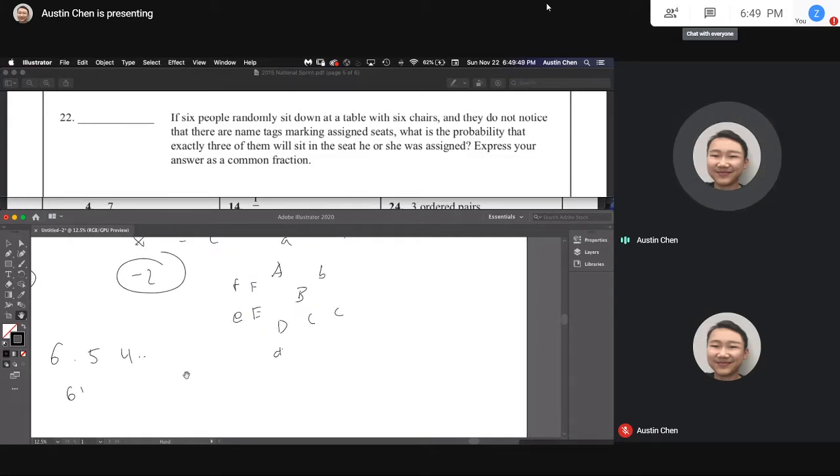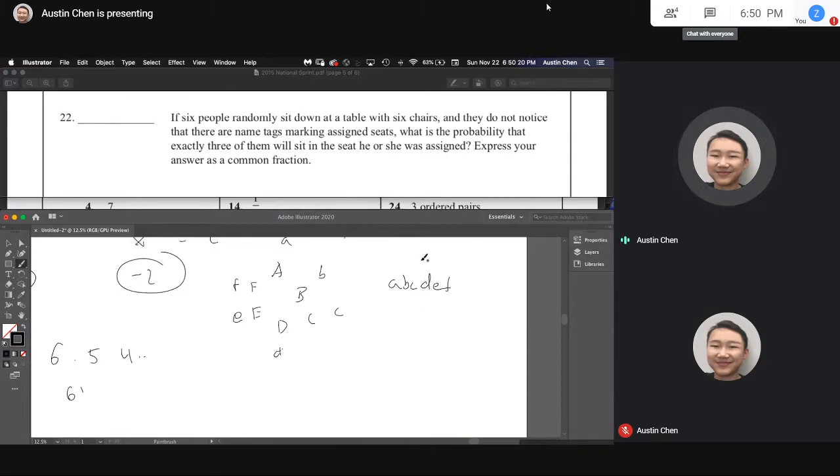Well, without loss of generality, we could do it like this. So we have the people A, B, C, D, E, F, right? So 3 of these people are going to match.